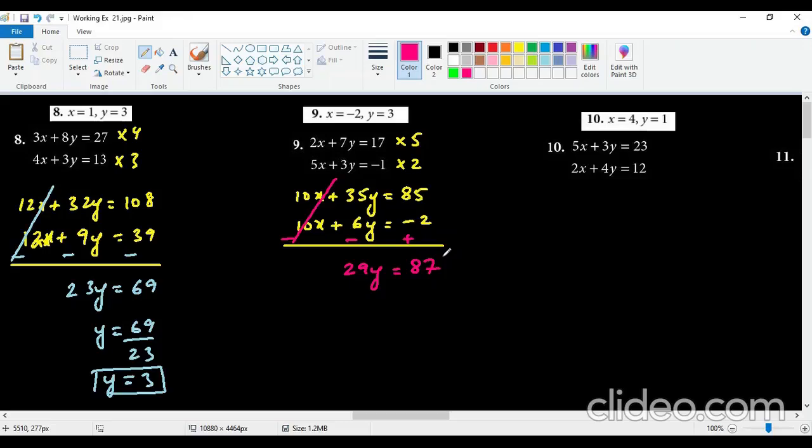So y equals 87 divided by 29 is going to equal 3. So the value of y is 3.